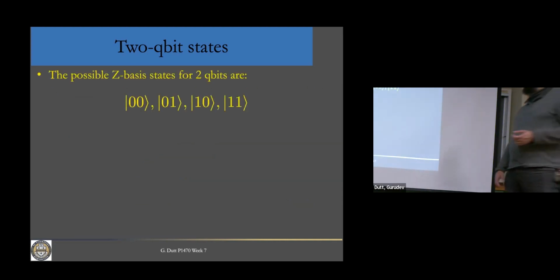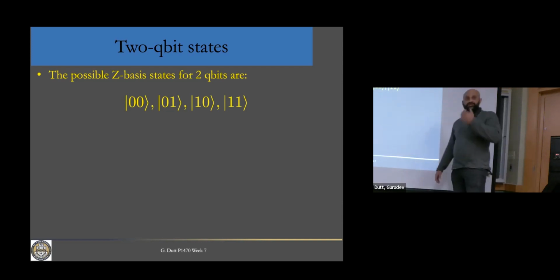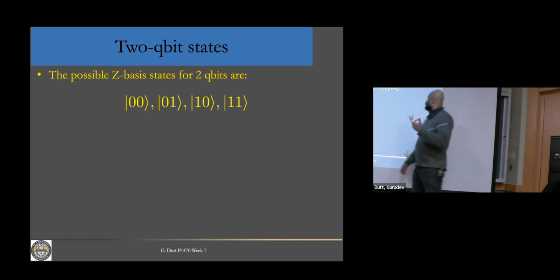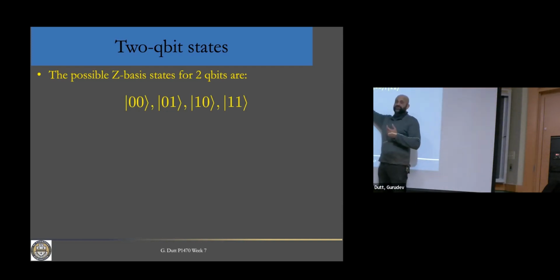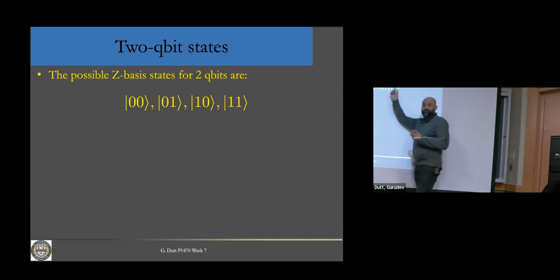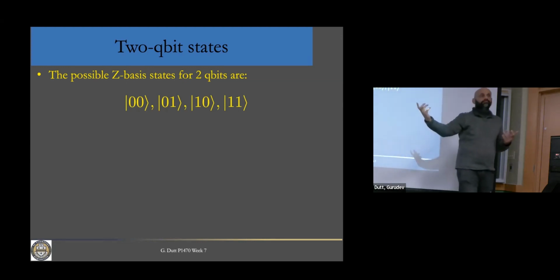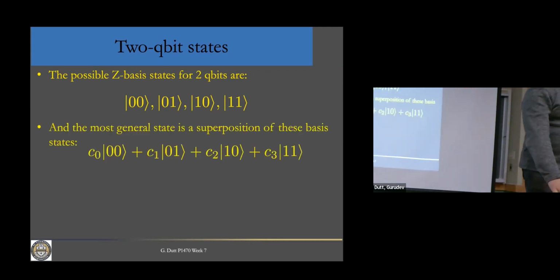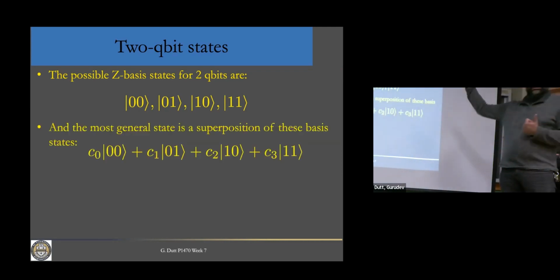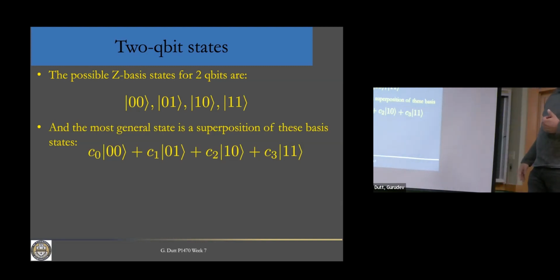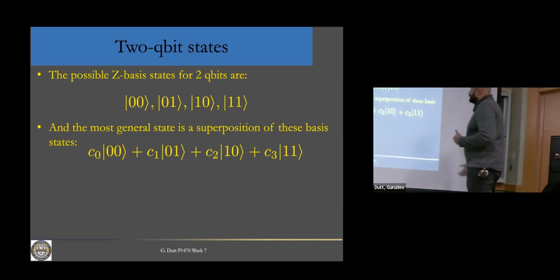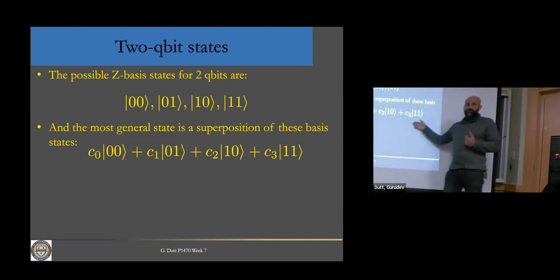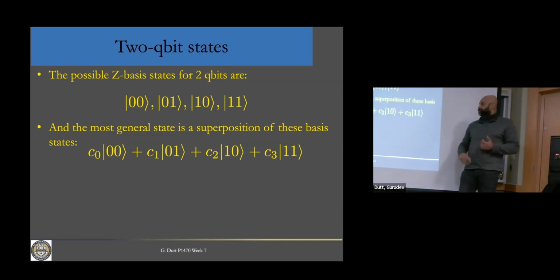So the possible Z basis or computational basis states for 2 qubits then are pretty straightforward. It's either 0 0, 0 1, 1 0, or 1 1. Those are the only four possibilities for the Z basis states. And each of those, you should think about them as 0 tensor 0, 0 tensor 1, etc. And the most general state will then be clearly a superposition, as we have learned already for single qubits.